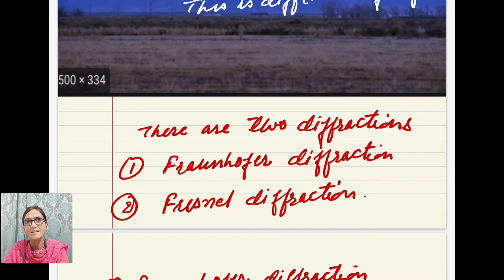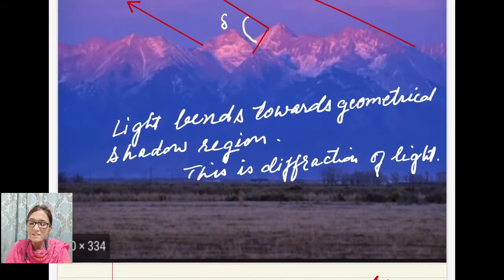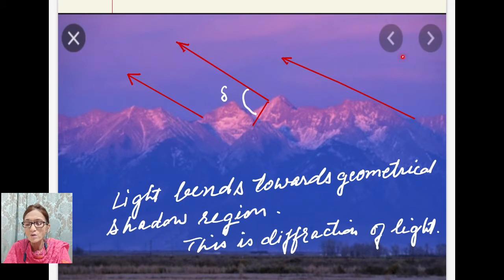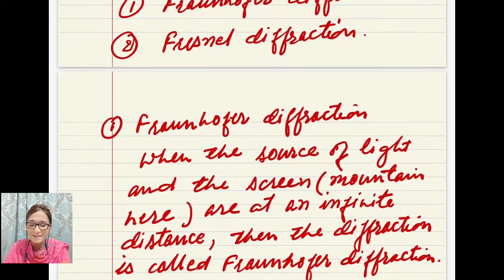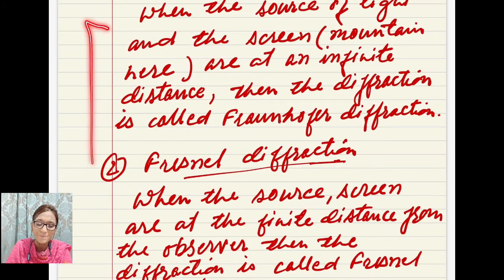And this helps in mathematical analysis. So we will be using this Fraunhofer diffraction. The second is called Fresnel diffraction, in which the distance between source and observer, source and screen, is finite. It is not infinite. So these are the two diffractions.